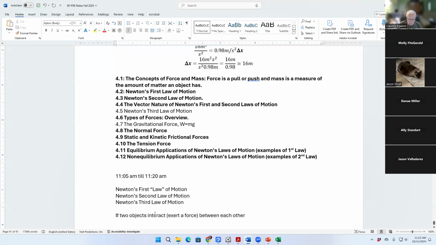If two objects, 1 and 2, interact with each other, exerting a force between each other, then the force that object 1 applies on object 2 is equal in magnitude and opposite in direction.